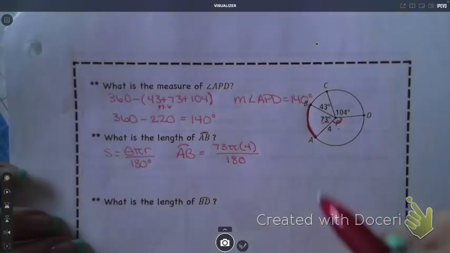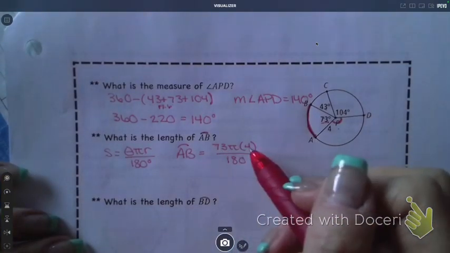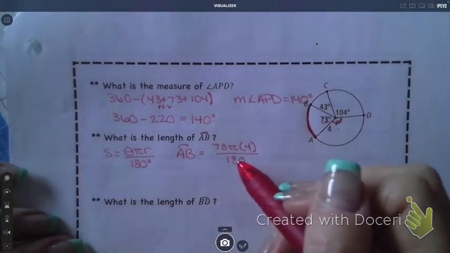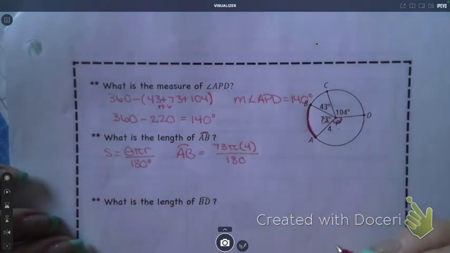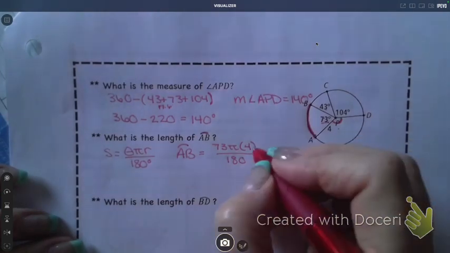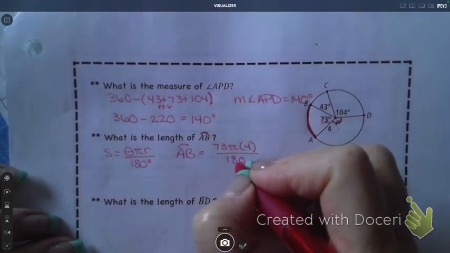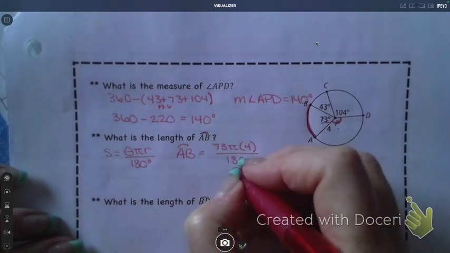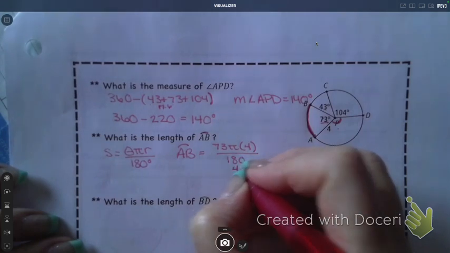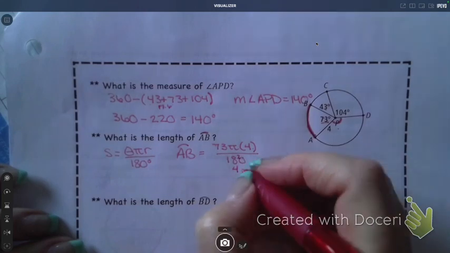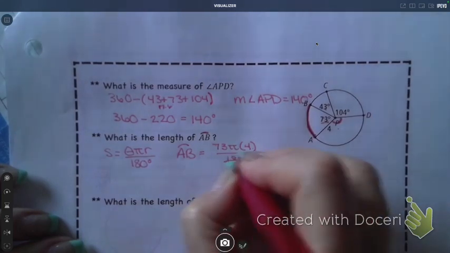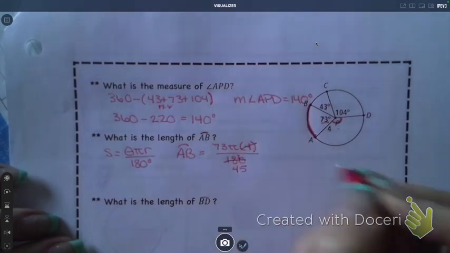Okay, well, I can multiply 73 by 4 and then reduce, but could I reduce first? Should I reduce first? Yes. Okay, so 4 goes into 180 how many times? 4 goes into 18 four times, carry a 2. So 4 goes into 20 how many times? 5. Okay.